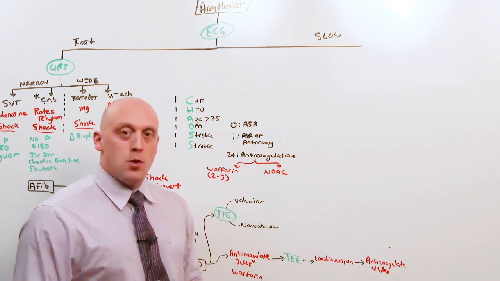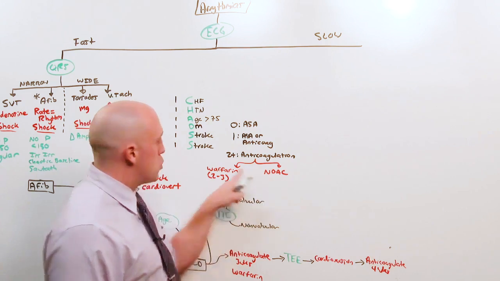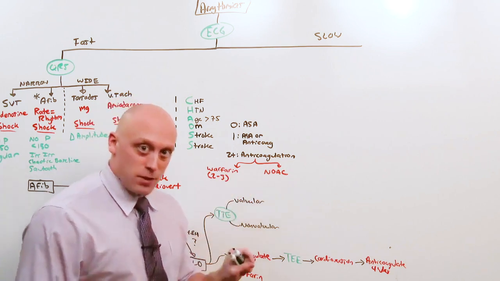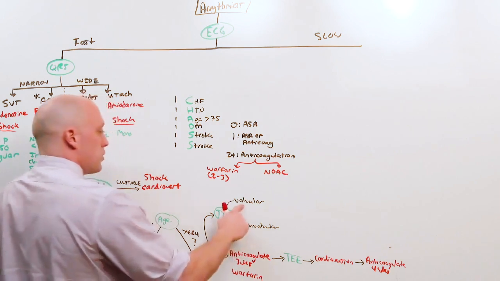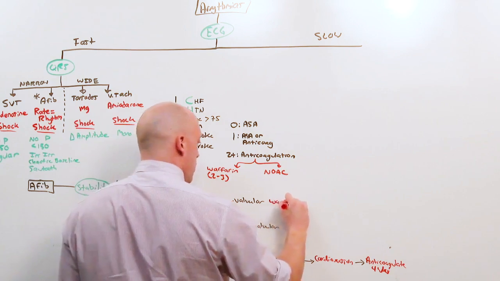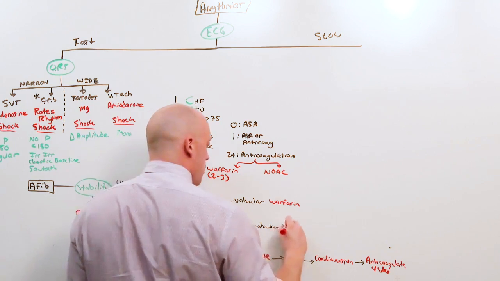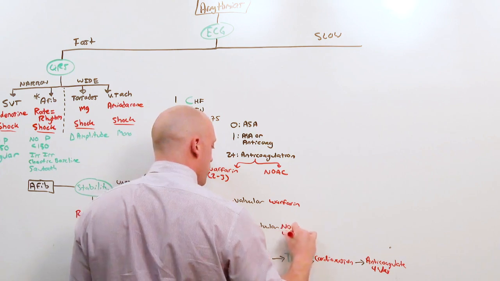For the test, because these novel oral anticoagulants are so expensive, you should be choosing warfarin over these new ones. And definitely in the case of valvular versus non-valvular. In valvular disease, you must choose warfarin. In non-valvular AFib, you can choose either the novel oral anticoagulants or warfarin.